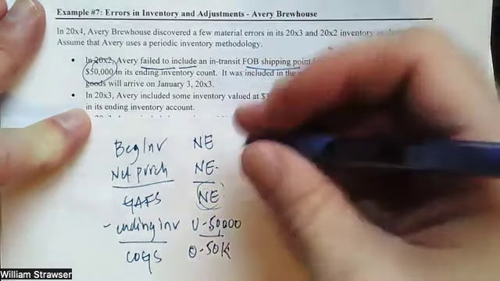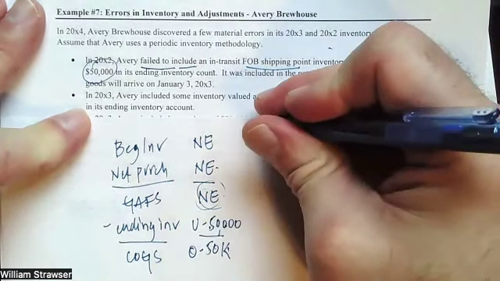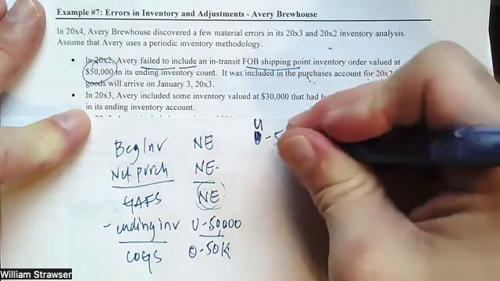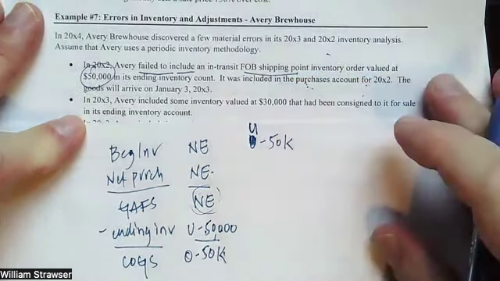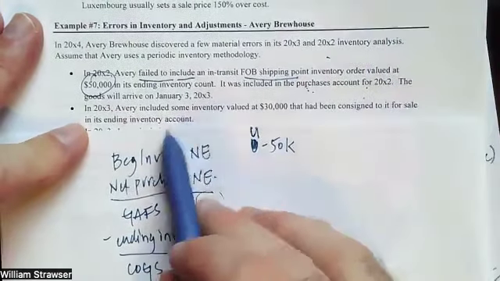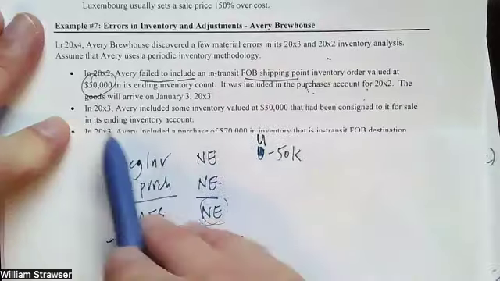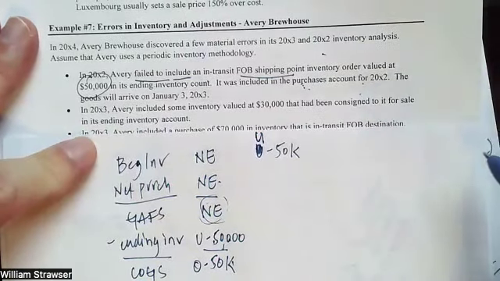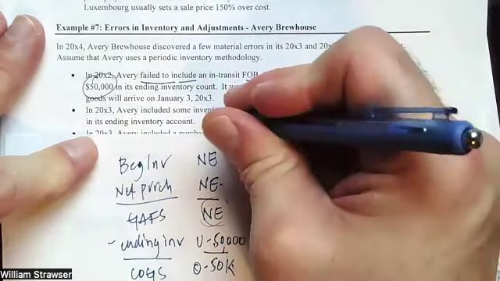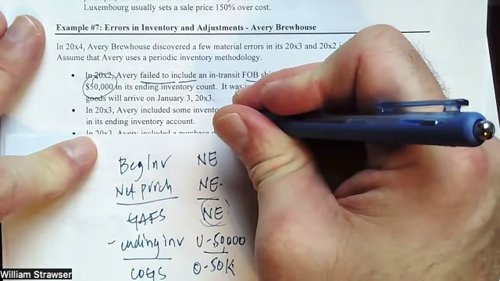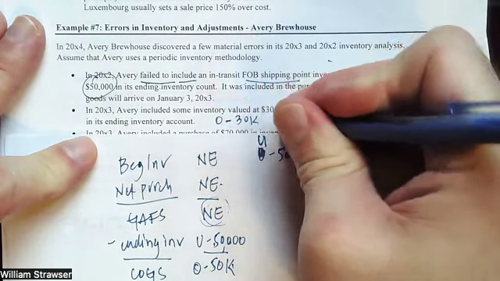I kept looking between those two. It's understated by 50,000. All right. Let's see if they made any other errors. It says they included inventory valued at 30,000 that had been consigned to it for sale in the ending inventory account. So this would overstate my ending inventory by 30,000.